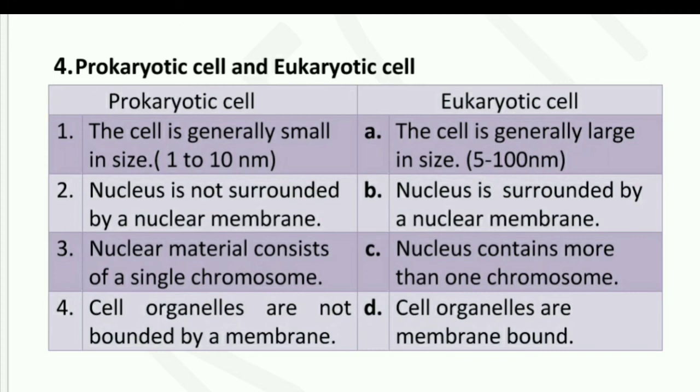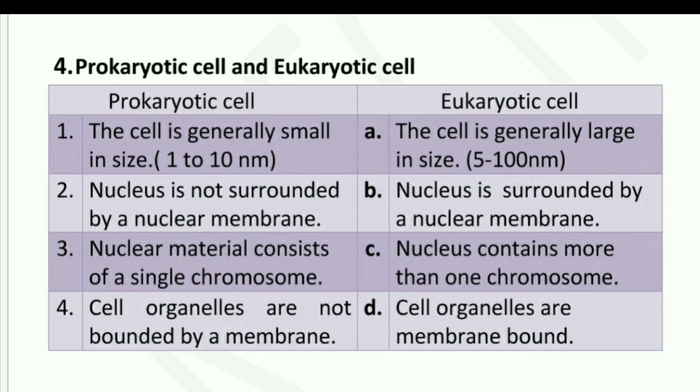In eukaryotic cell, the cell is generally large in size, about 5 to 100 nm. Prokaryotic cell: nucleus is not surrounded by a nuclear membrane. In eukaryotic cell, nucleus is surrounded by a nuclear membrane.